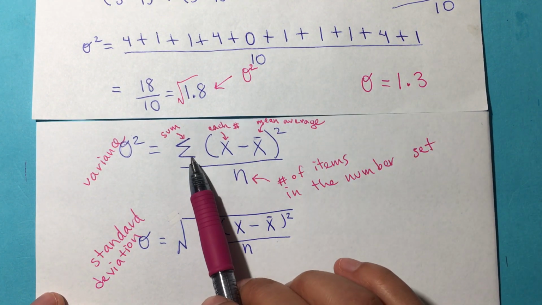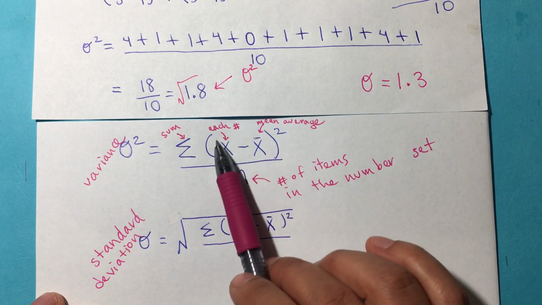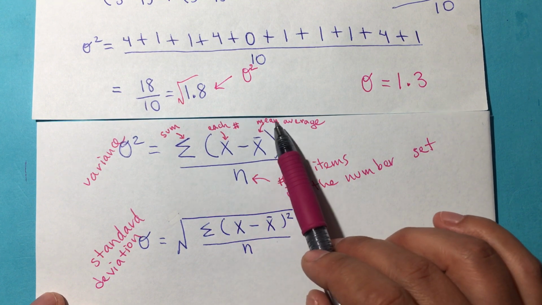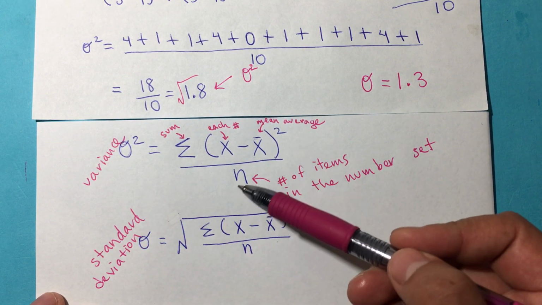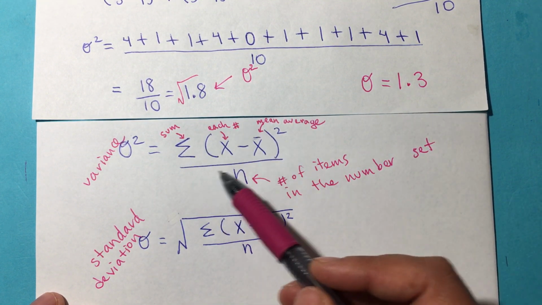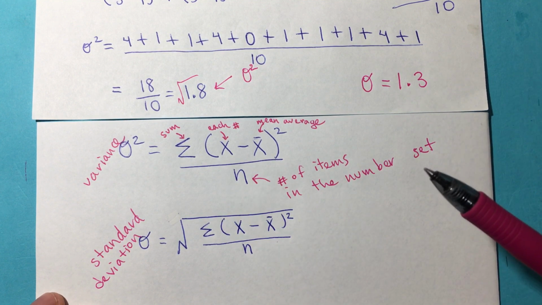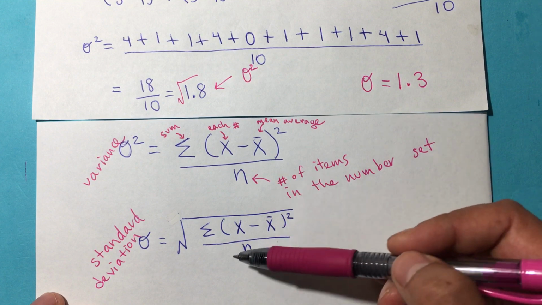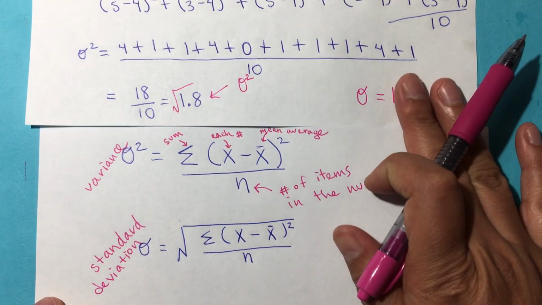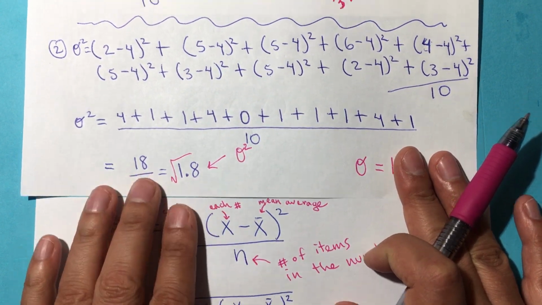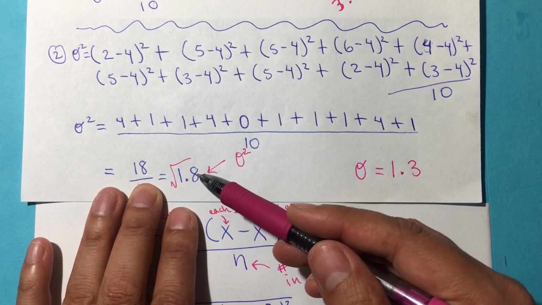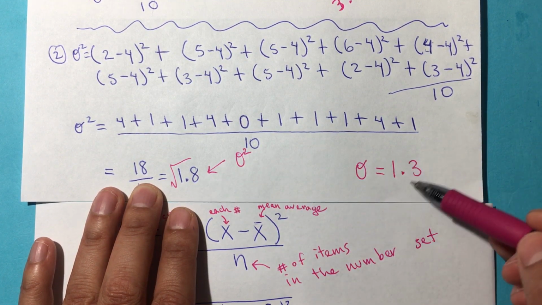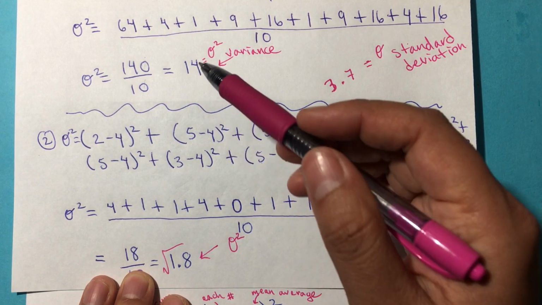That's the addition of all the differences. The differences are squared and then, once you add them, divided by the number of items, which is what we did. Finally, to find the standard deviation, we just took the square root of the variance and we found the standard deviation.